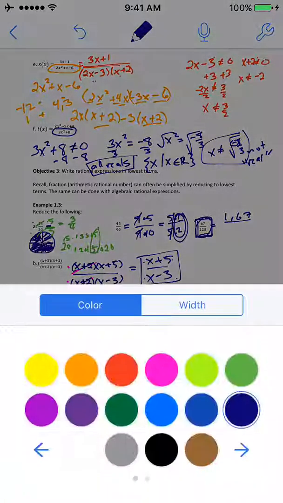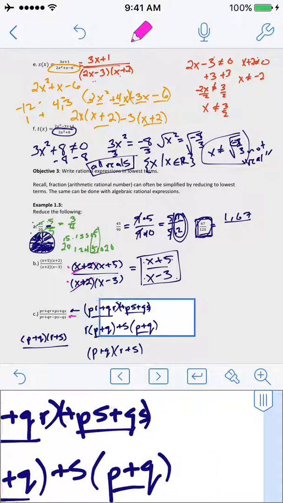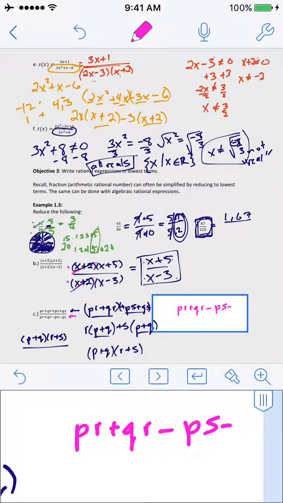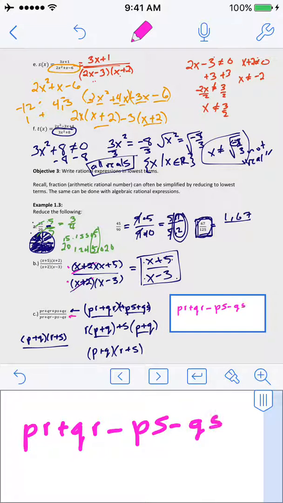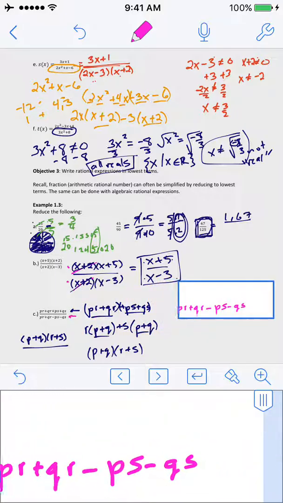So let's do this one in pink. It's PR plus QR minus PS minus QS. So very, very similar to the numerator, right? But I don't want to cancel it as is. I can't cancel PRs and QRs because those are being added to other things, right? They have to be being multiplied.